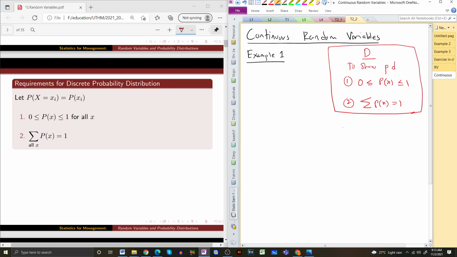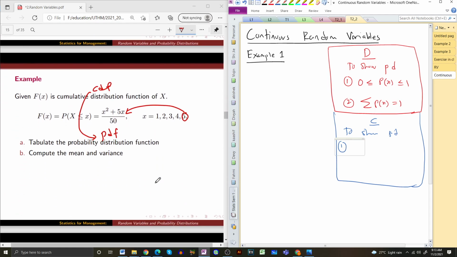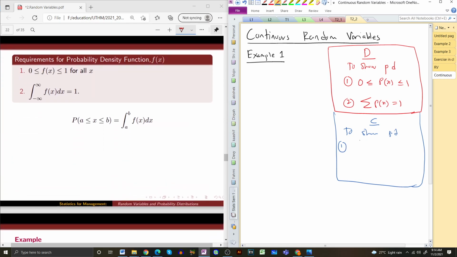Now the same thing goes for continuous. To show it is a probability density function, it also has two conditions. The first condition is you have to show that f(x) is between 0 and 1, not probability, the function itself.